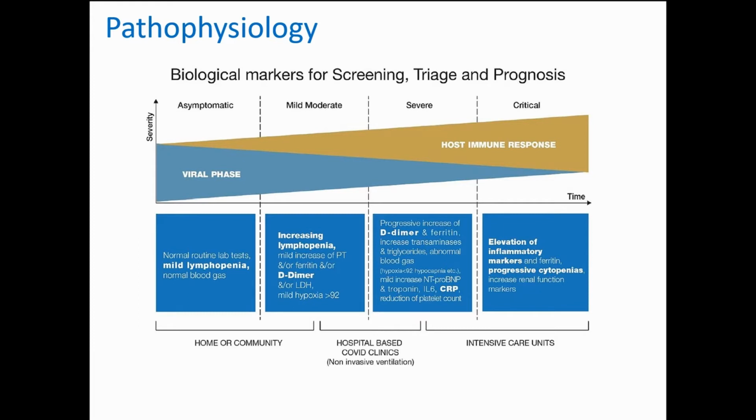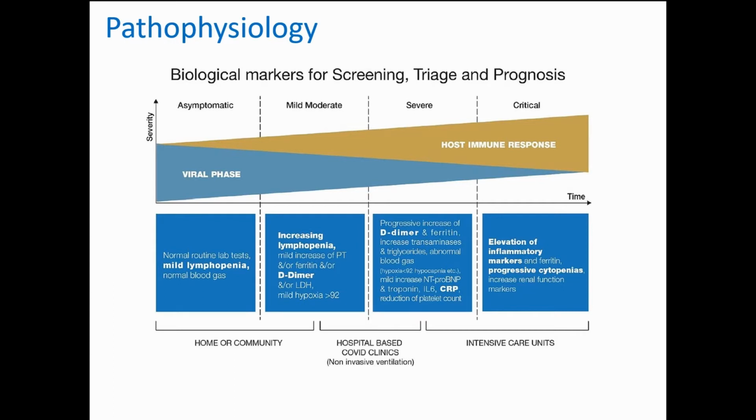Then as the disease goes to moderate, especially at the end of moderate, you will see increased and significant lymphopenia. And this is where the D-dimer shoots up. Usually it can go even up to 1,000 or more.